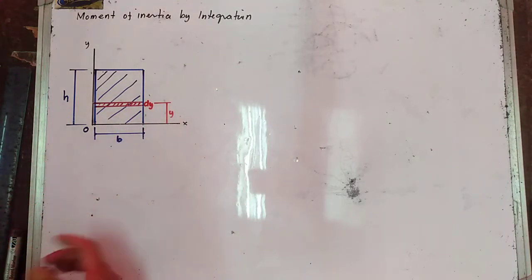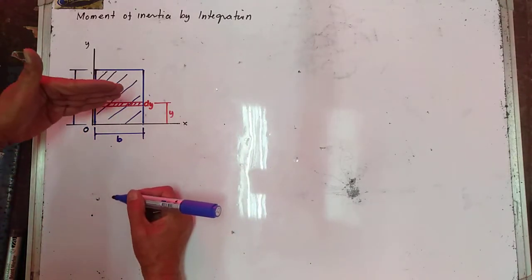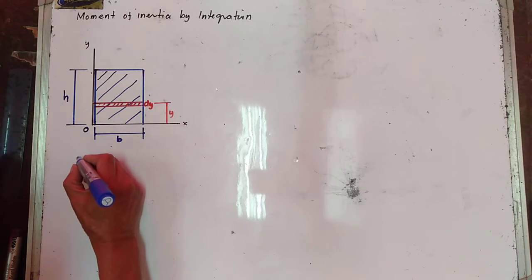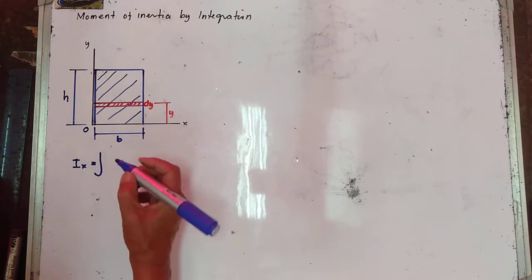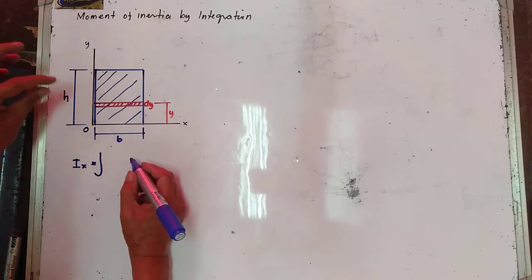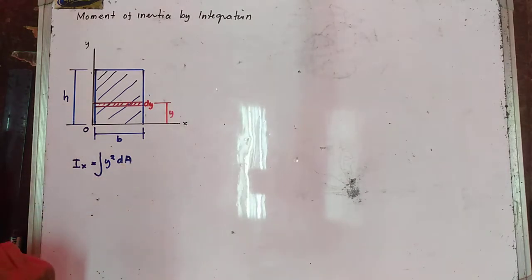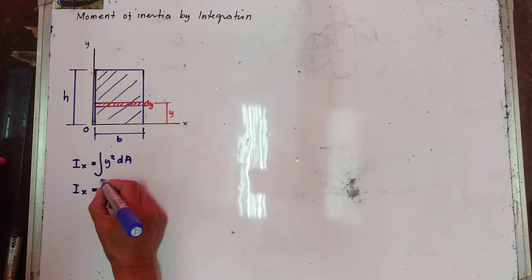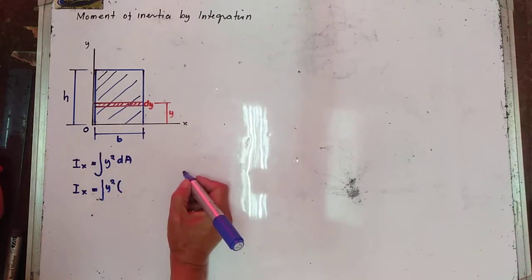So from the definition of moment of inertia, or the second moment of the area, the moment of inertia of this differential strip with respect to the x-axis is equal to the integral of y squared multiplied by dA.